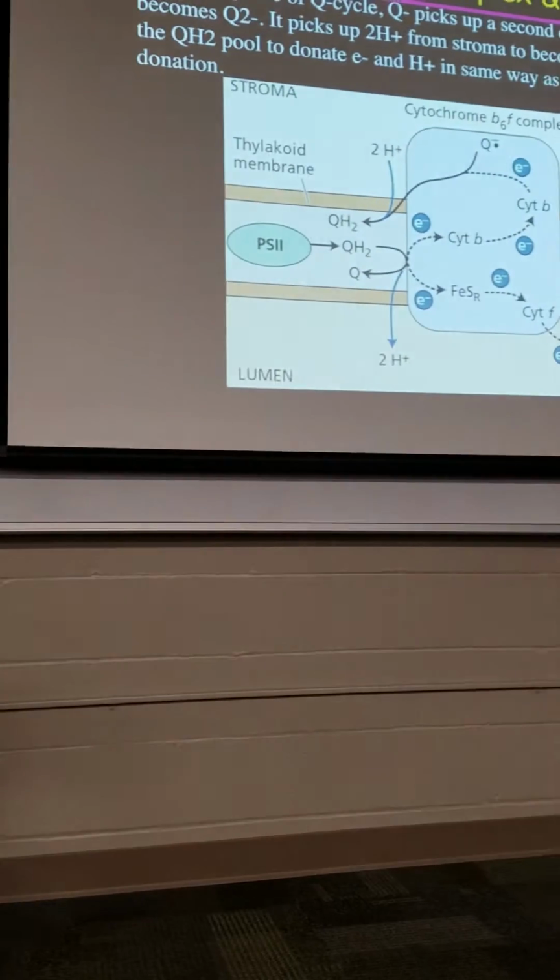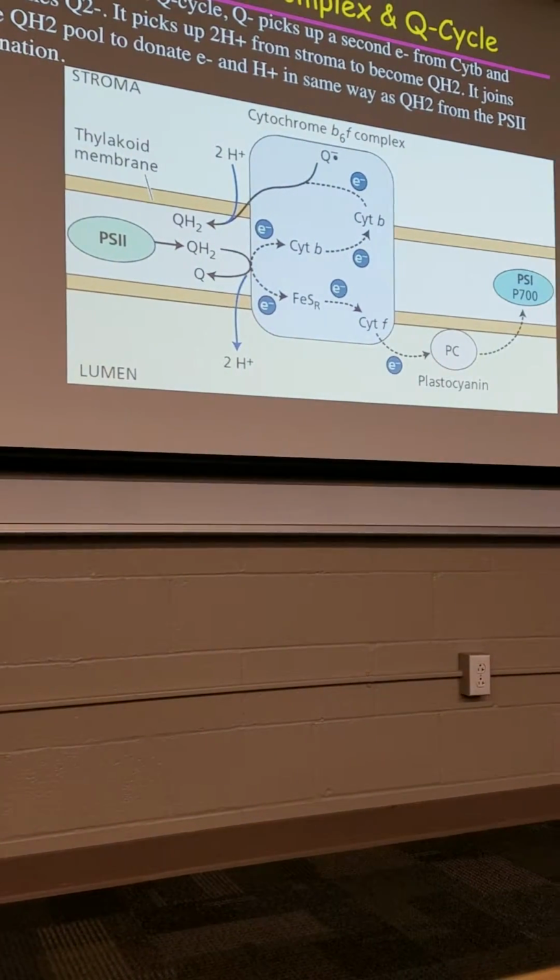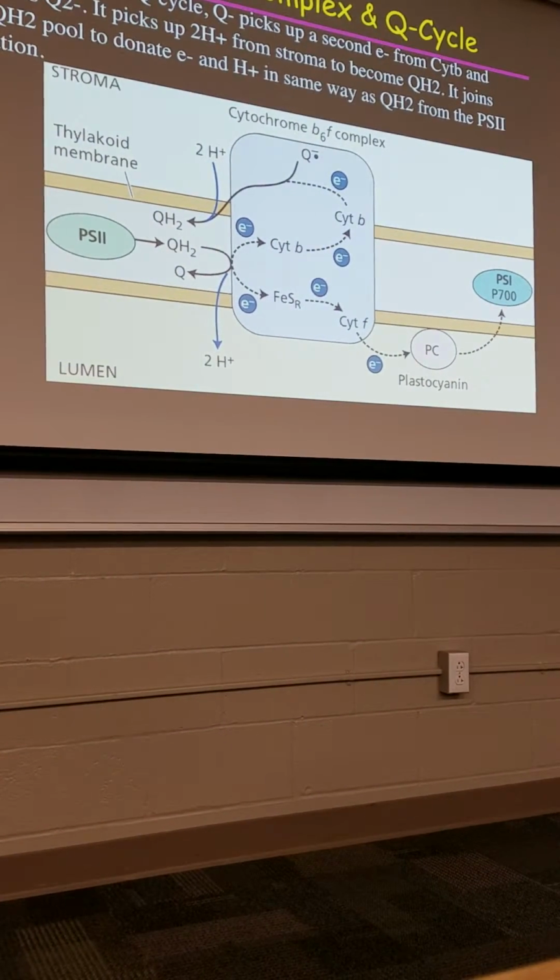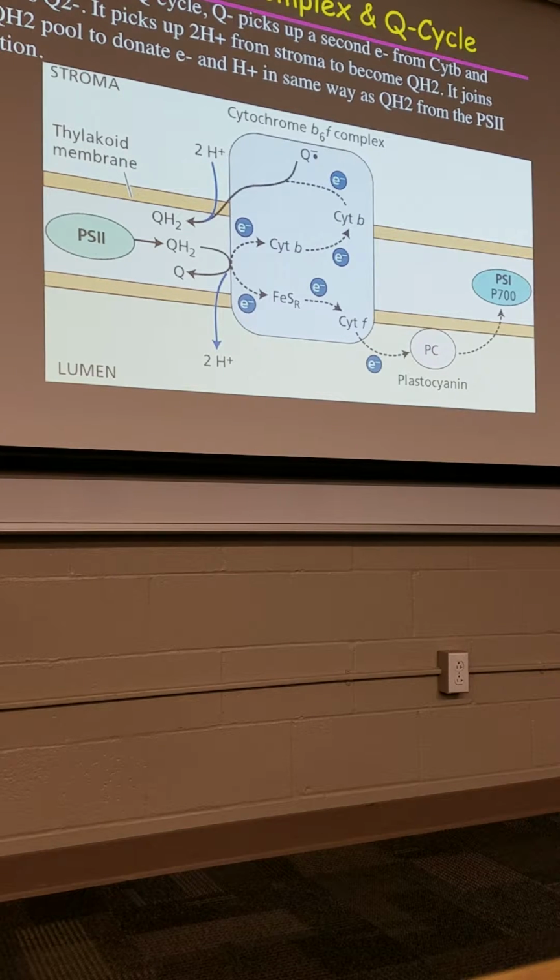Now, the beautiful thing with this is that I fried your brains, but everything else for the rest of the day is easy. Okay? Is quinone going to pile up in this structure? Because for one quinone to go back as plastoquinone, two has to come in.